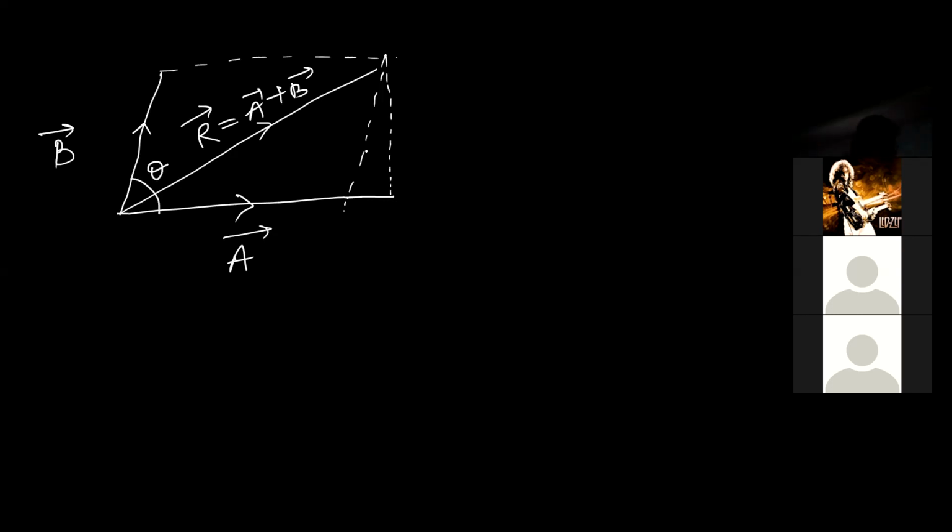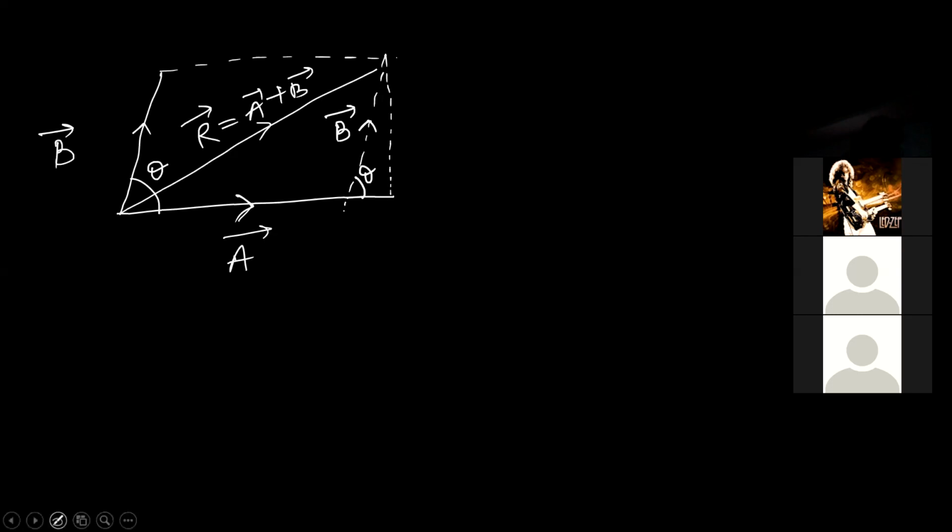So here also, if this is the A vector, right, then along this it will be the B vector, and the angle between A vector and B vector is theta. So this angle is theta, right? So I can say that along the base, obviously the horizontal component will work.